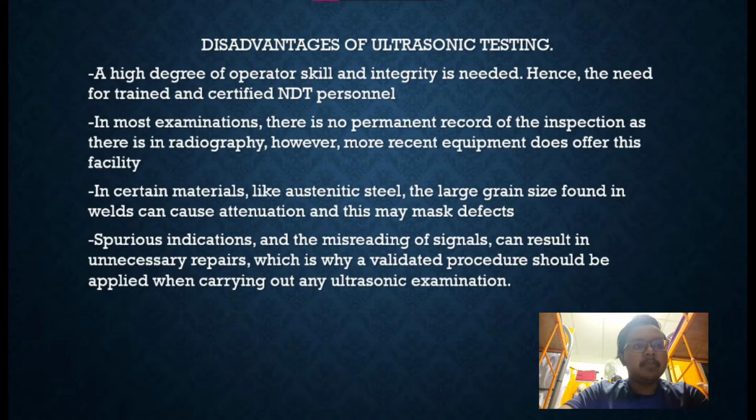In certain materials like austenitic steel, the large grain size found in welds can cause attenuation, and this may mask defects. The last one is spurious indications, and misreading of the signal can result in unnecessary repairs, which is why a validated procedure should be applied when carrying out any ultrasonic examination.